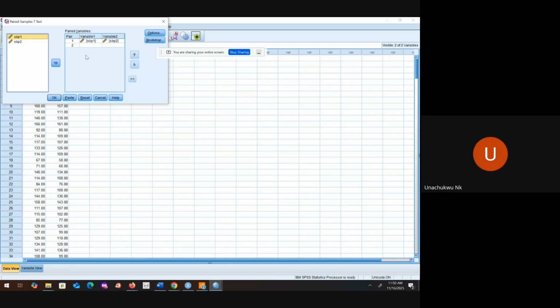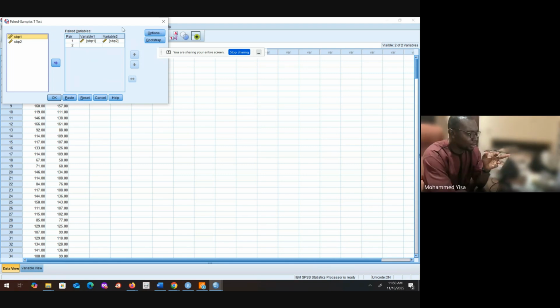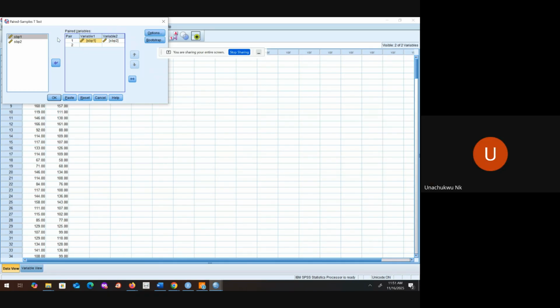Sorry. So remove the variables from the variable box so that everyone sees how you selected the variables. Okay, I should click this, right? Then I click this. We still can't see.